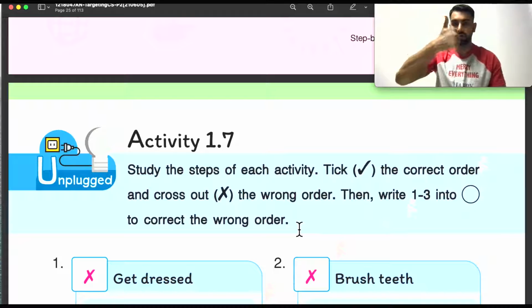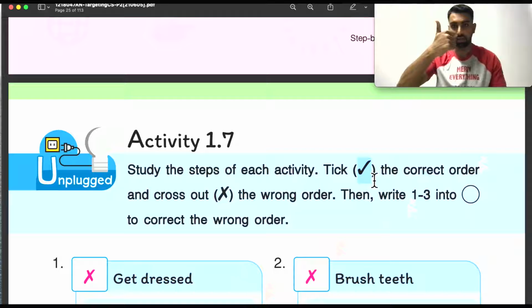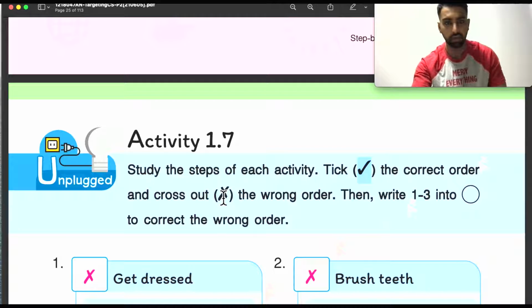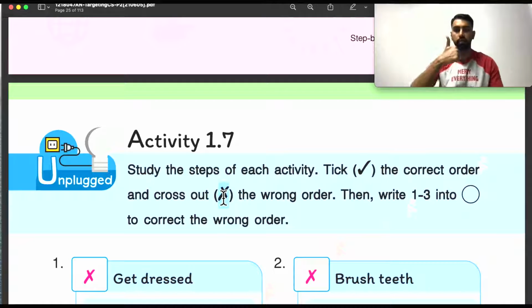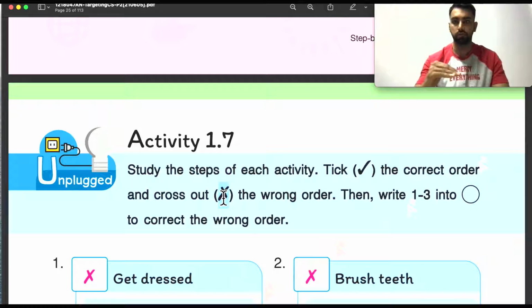If it's correct, then you use this one. If not okay, then use this one. What is correct is, the correct order is number 1, number 2 and number 3.